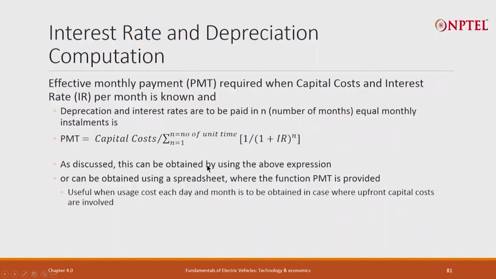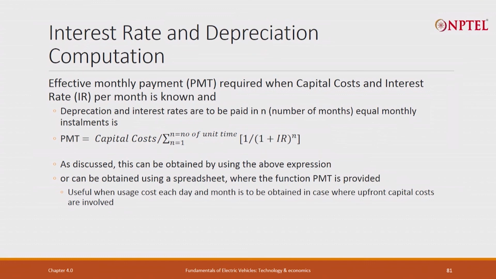As discussed, this can be used by using the above expression or can be used by the spreadsheet using PMT. Useful when usage cost each day and month is to be obtained in case where upfront capital costs are involved. Now, we will be using this formula several times, not just here for effective battery cost. Later on when we talk about solar energy and wind energy and renewables, we will again be using this.